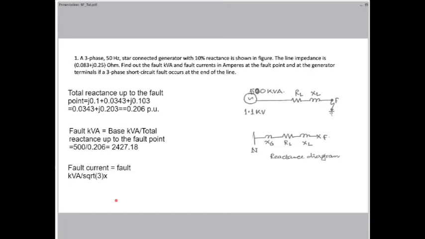On top we have kVA and voltage in kilovolt. Current will come as ampere straight away.